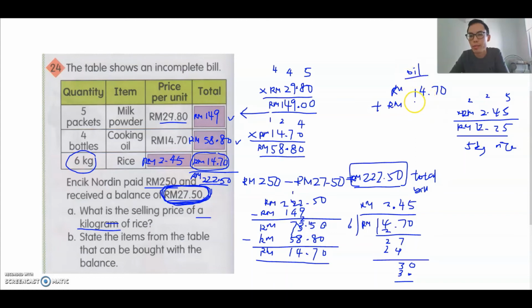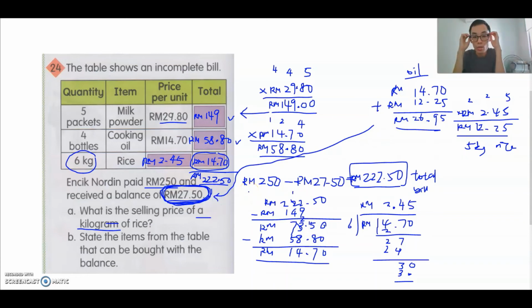So 1 bottle of oil plus 5 kg of rice, I get a total of 26.95. Okay, this is less than the balance. Can you see that? So there are several answers you can give here. As long as the total is less than 27 ringgit and 50 cents, then you are right.